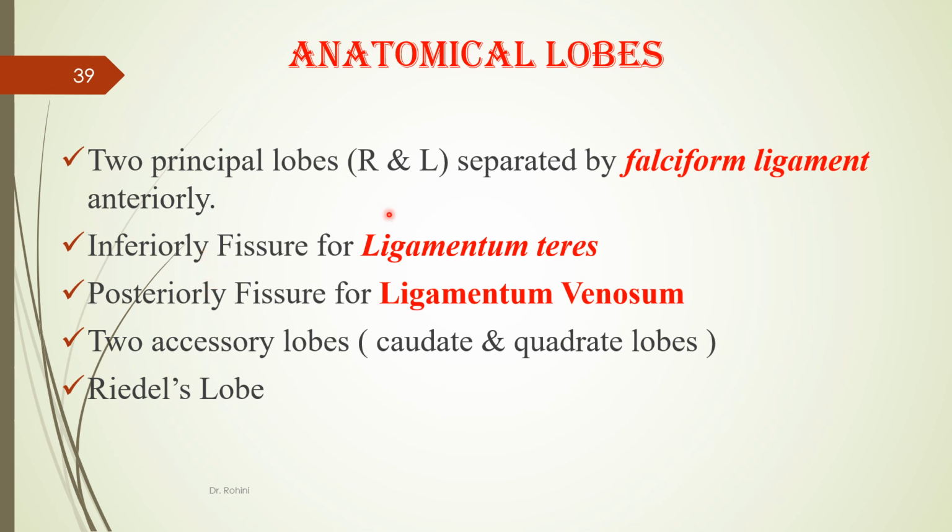Posteriorly and inferiorly we have two fissures, fissure for ligamentum venosum and teres. And in addition to these ligaments, this is a continuous line dividing the lobe into right and left. But with these we have two extra lobes, accessory lobes we call them, as you know, caudate and quadrate, already we are done with, and one more extra sometimes present as Riedel's lobe.